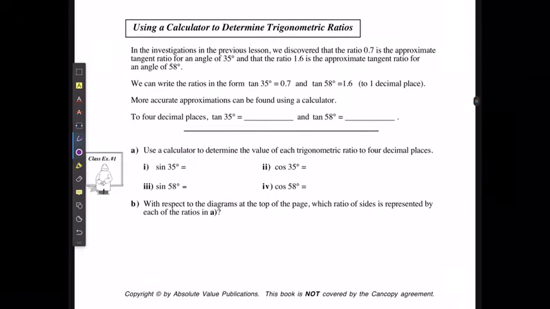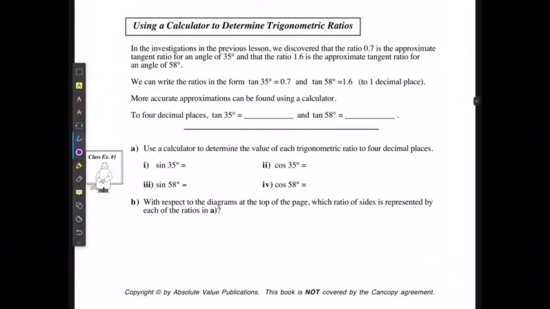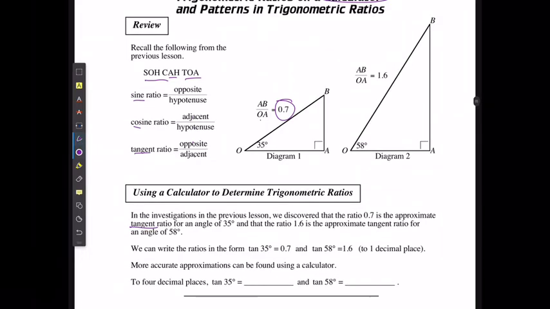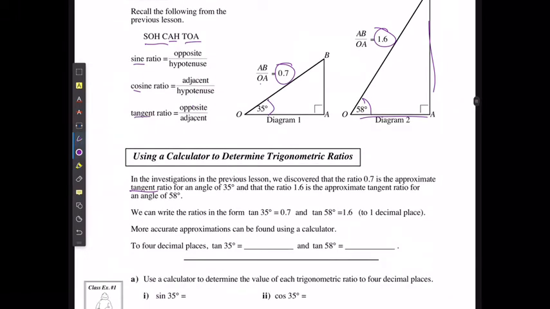If I am using a calculator to determine the trigonometric ratios, then we have already up here discovered that the ratio of the opposite over the adjacent is 0.7 for this tan ratio of 35 degrees, and that if we did the opposite over the adjacent, it was 1.6 if it was 58 degrees.